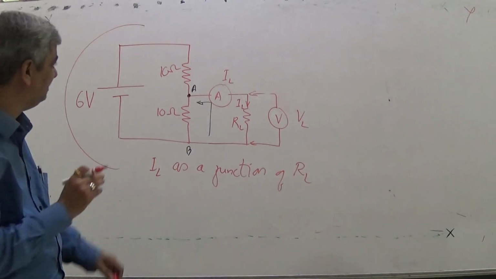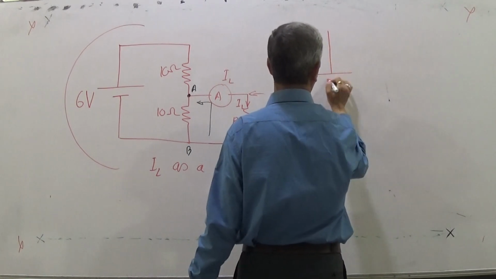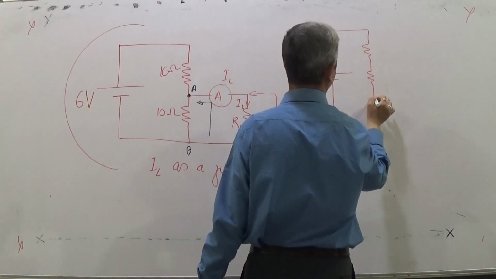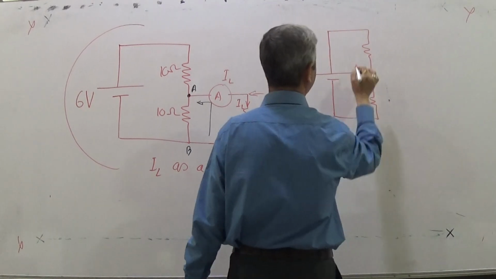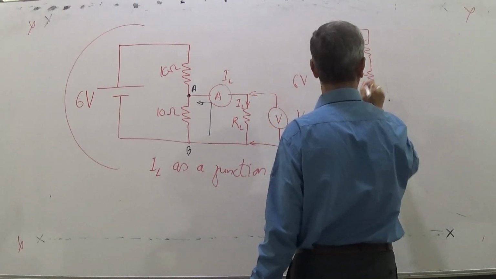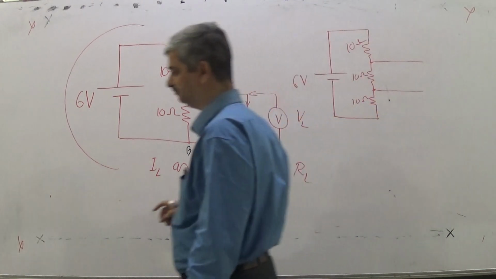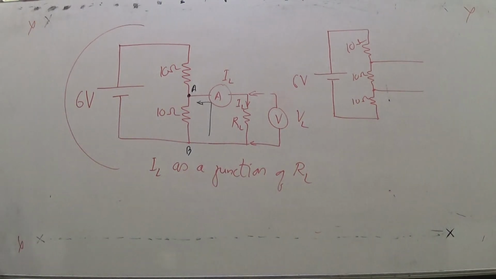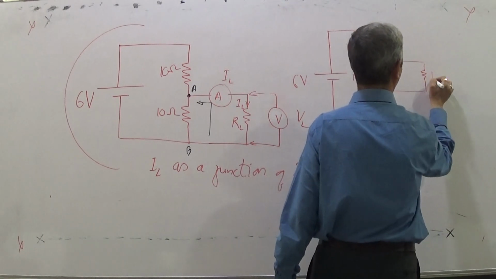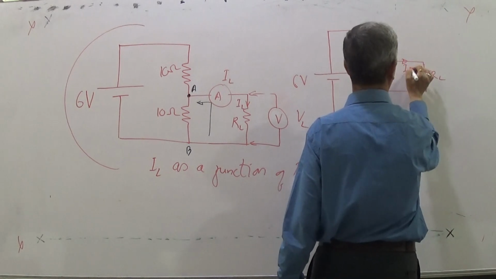To make it more complex, we can construct the same circuit, again 6 volts, and then this you can have as 10 ohms, 10 ohms, 10 ohms, and 10 ohm, and here you can put RL, which may vary, and you find IL.